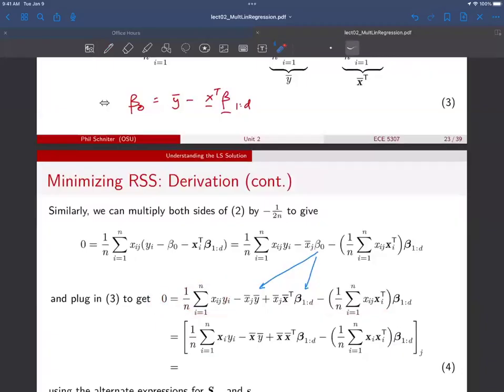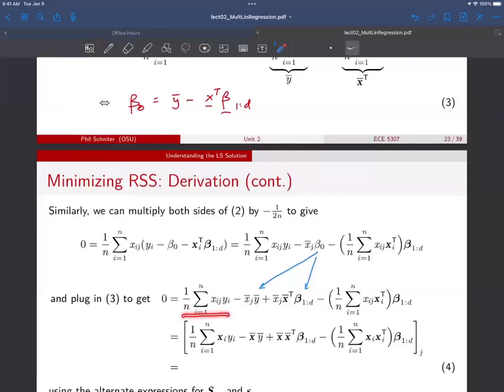But you can also think of xij as the jth term of the vector xi. This is the jth feature in the sample vector xi, the ith example of the training features in the data set. So this is another way to write it.